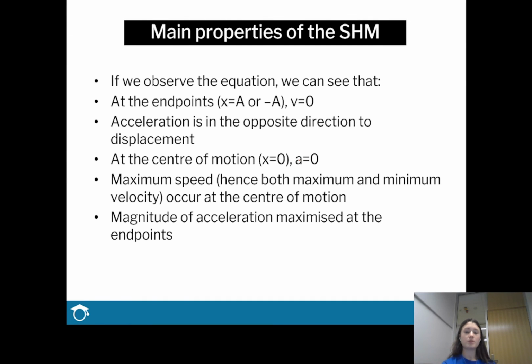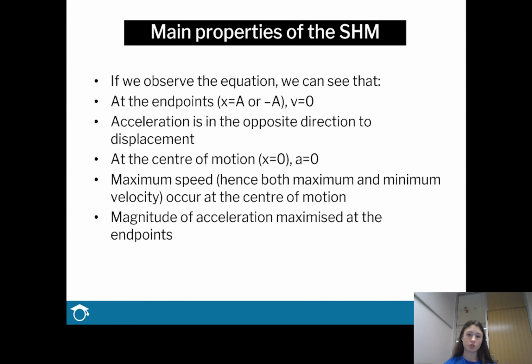So these are the main properties of simple harmonic motion. These are really useful to know if your question asks you to find the velocity at half of the end point, or the velocity at the maximum acceleration or something like that, where you need to understand where the maximum velocity and maximum acceleration are, and where they're also zero.